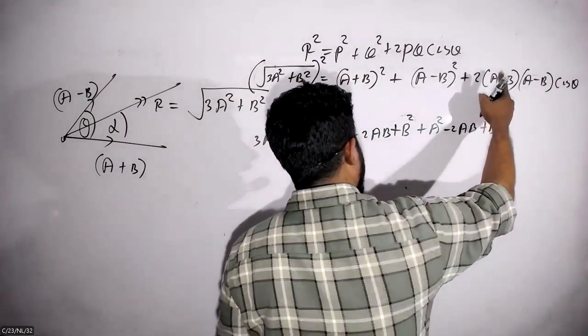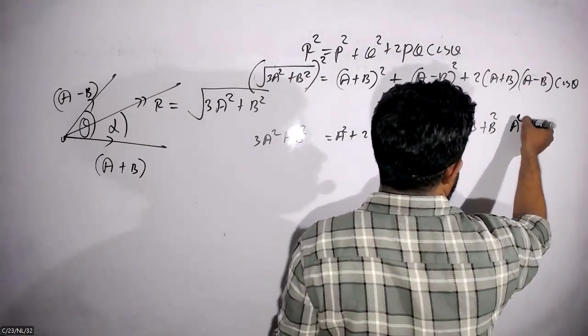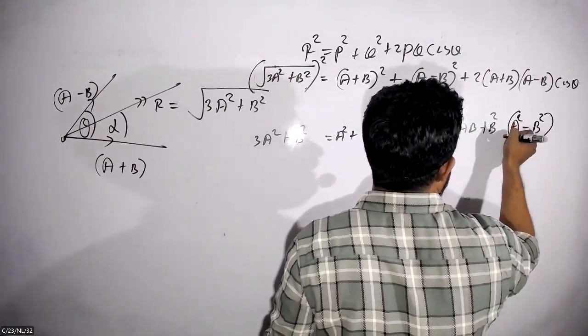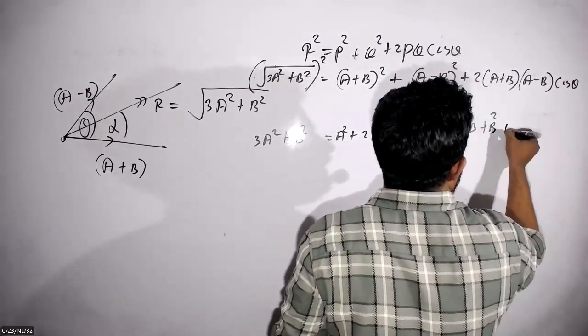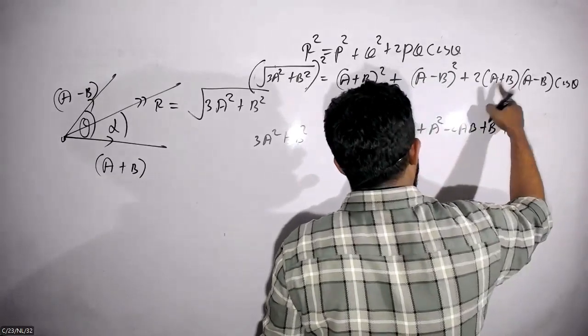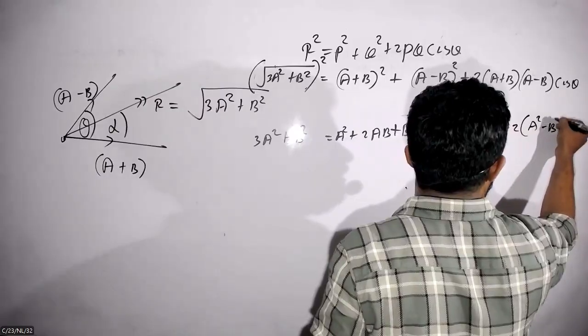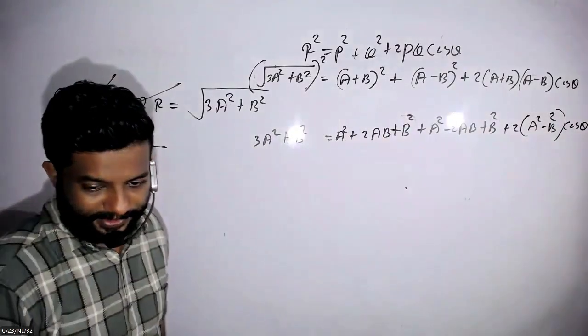Puthe, did you remember? A plus B, A minus B. What are the factors? A squared minus B squared, your O level knowledge, right? 2 times A plus B, A minus B, A squared minus B squared, cos theta. Got it?